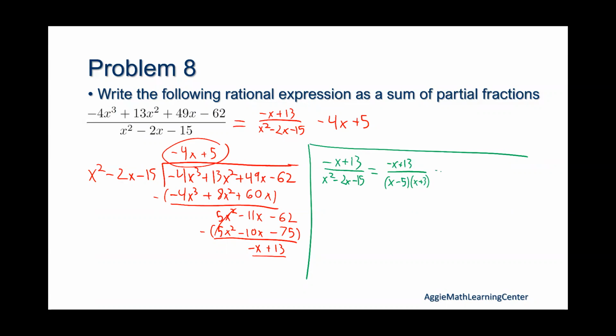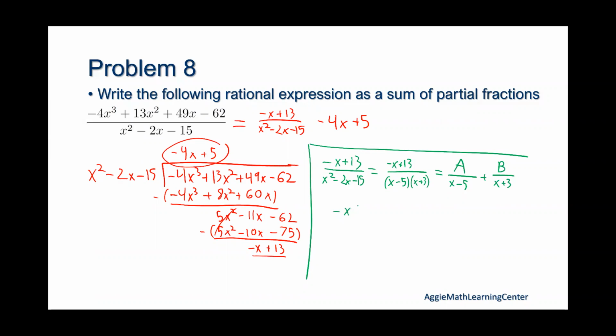Okay. So we're trying to rewrite this as something of the form a over x minus 5 plus b over x plus 3. So we're going to do the same thing. We're multiplying everything by this denominator, and then some of these are going to cancel.